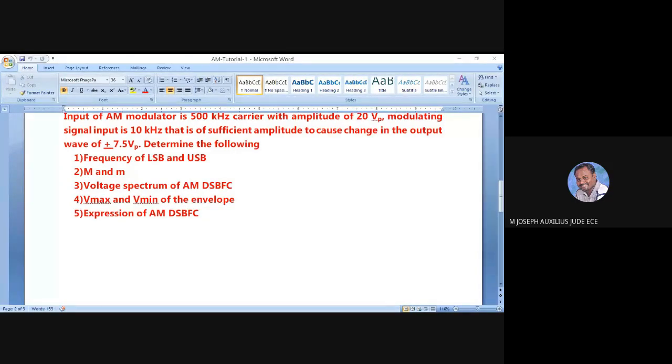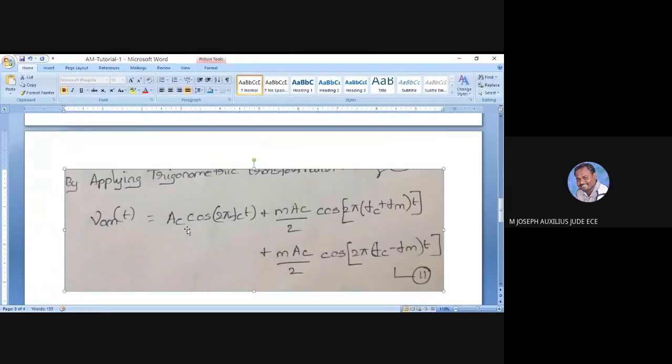Let me quickly copy it. So I think this is your formula. Am I right? Ac cos 2 pi fc t plus m Ac by 2 cos 2 pi (fc plus fm), and fc minus fm. Okay. Am I right?